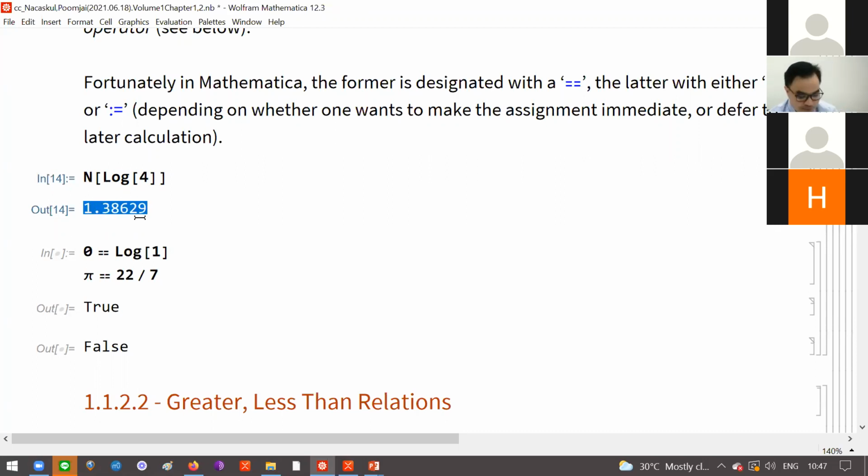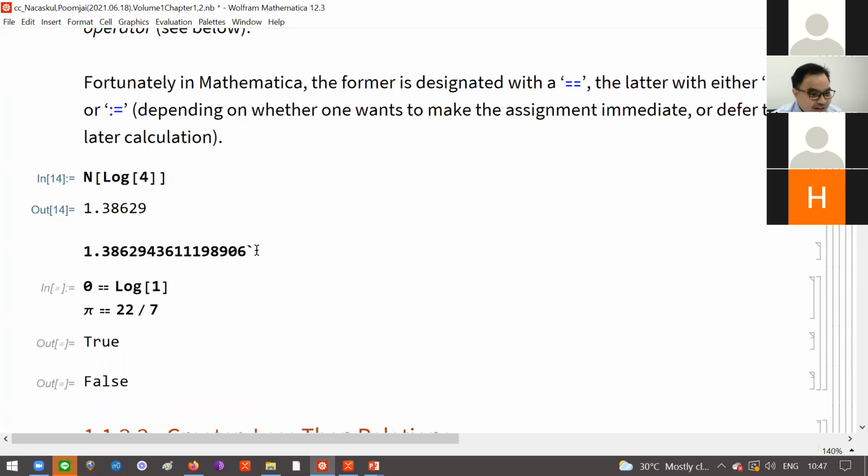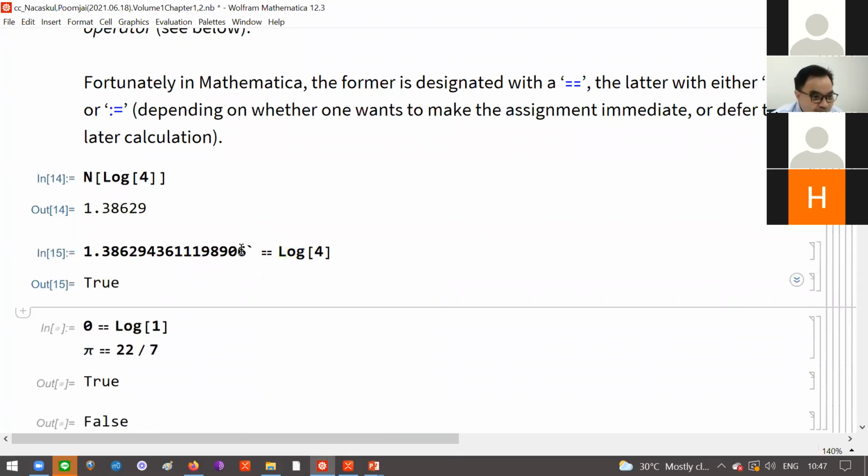By the way, it's got very high precision, because it's got this notation for implicit precision. But if you did this, it's going to say False. Right?